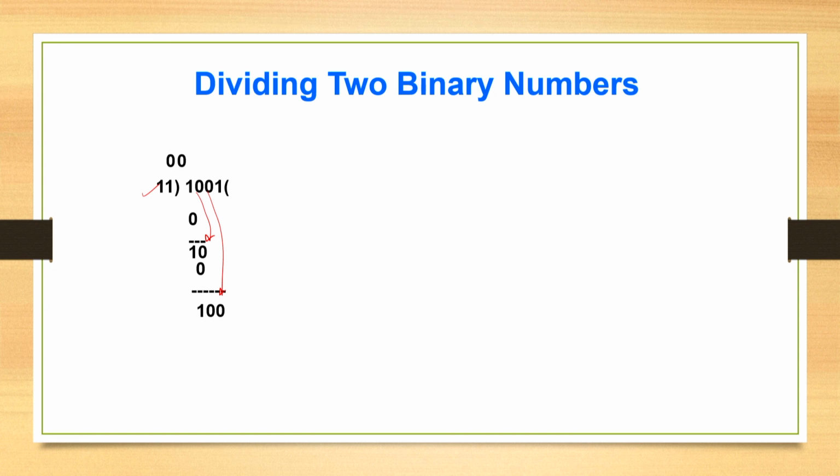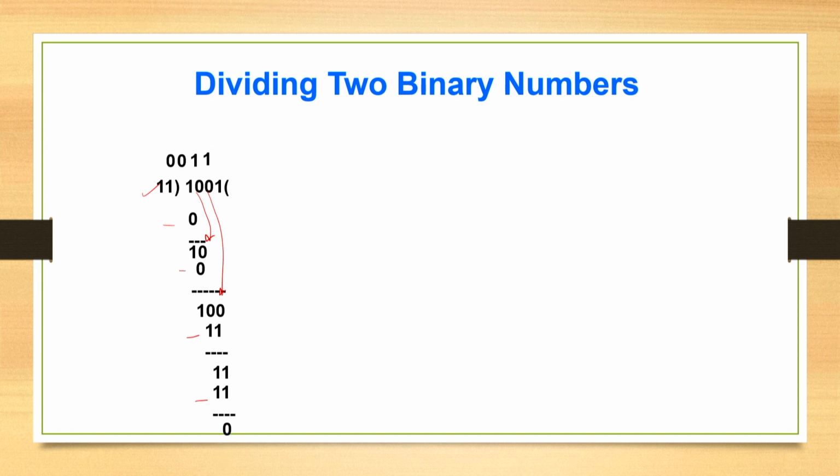This 0 over here, then 1, so subtract this. After subtracting, you get what? This 1 1, then again 1, so you get a 1 and the answer will be 0.